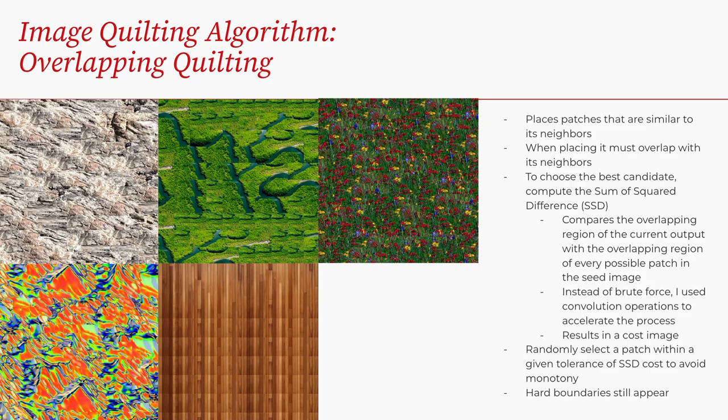Instead of doing this by brute force, which would take a while, I used convolution operations to accelerate the process, and as a result, I got a cost image for each of the candidate regions. I randomly selected one of those that had a cost within a given SSD tolerance in order to remove monotony. And what you see is that the hard boundaries still appear, although it's slightly better than before.